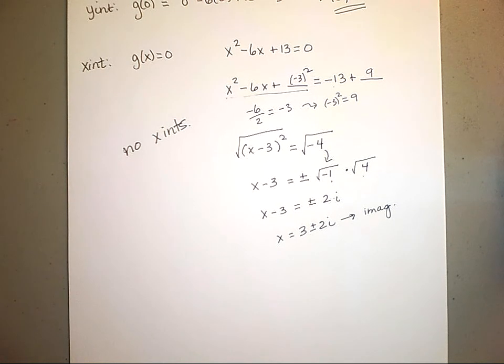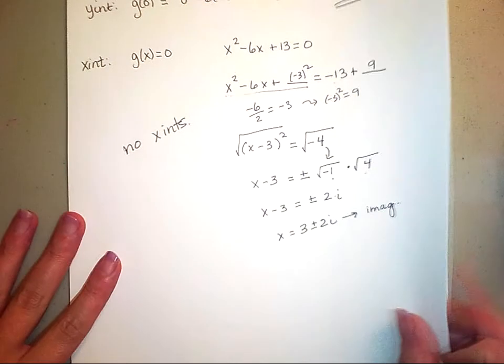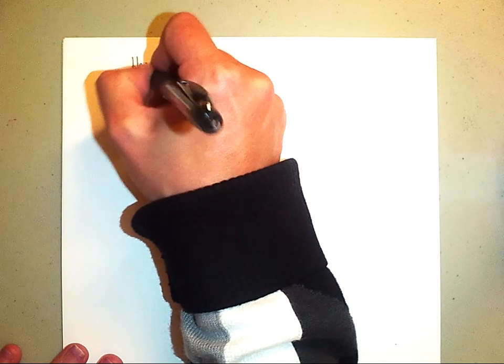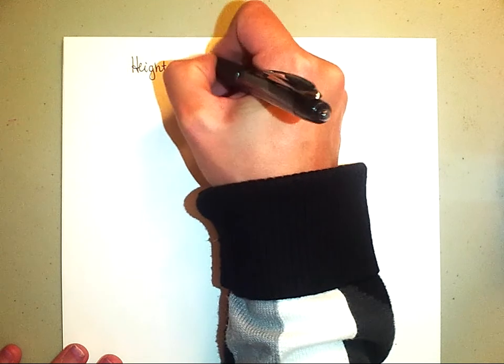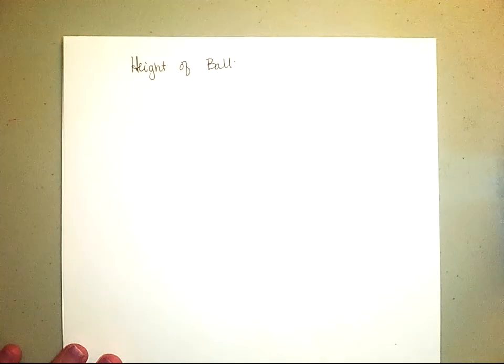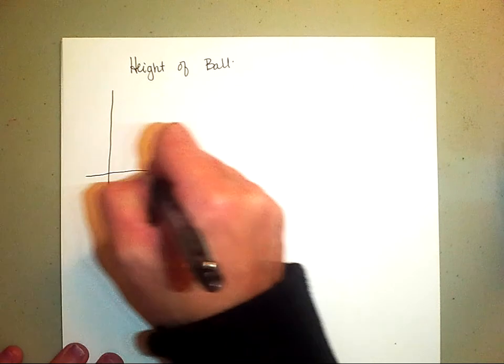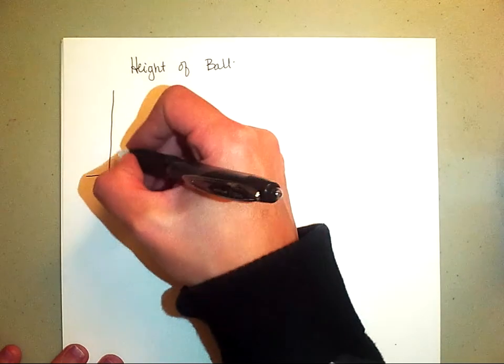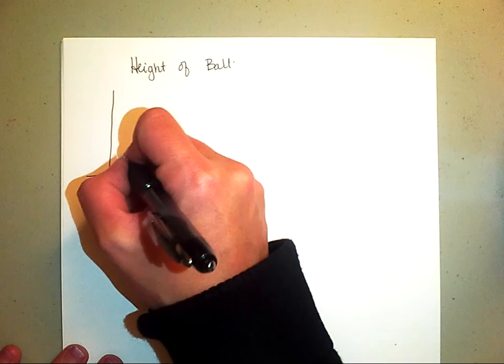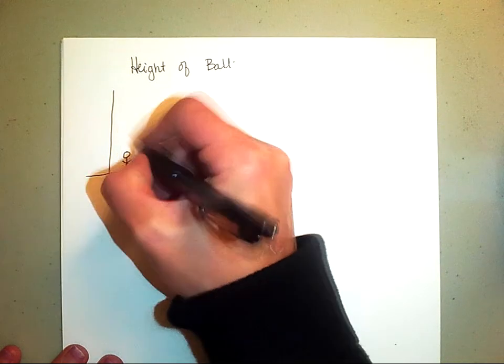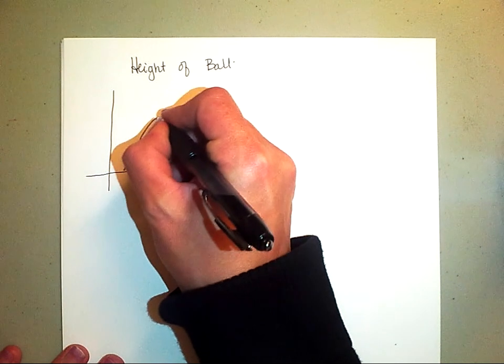Now let's do another example with applications. This time we're going to be worried about the height of a ball. So anytime we have a ball, here's a person, they throw up a ball.